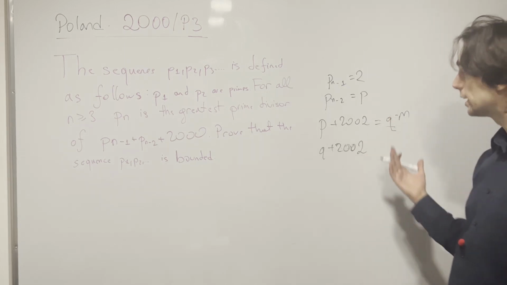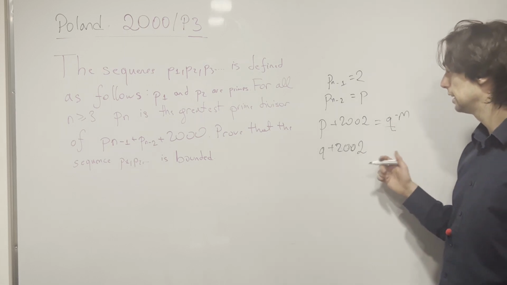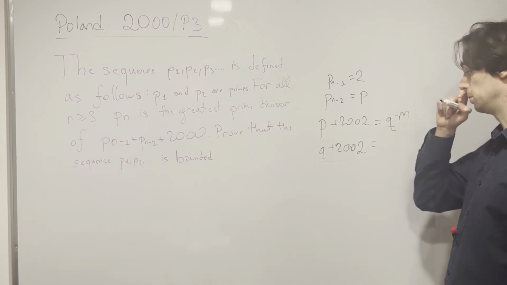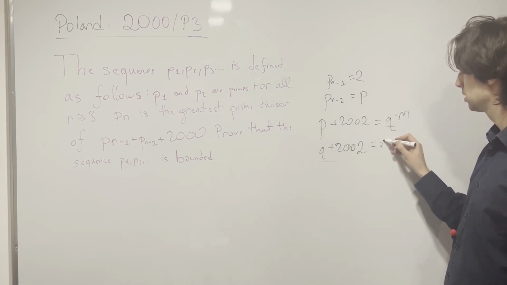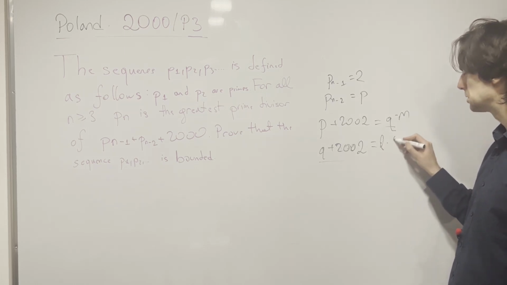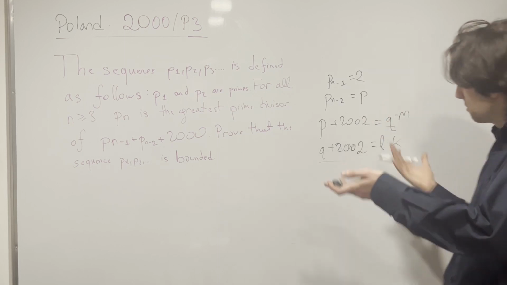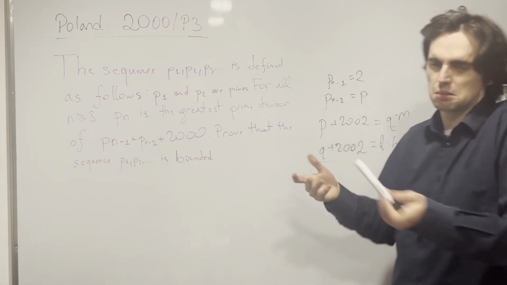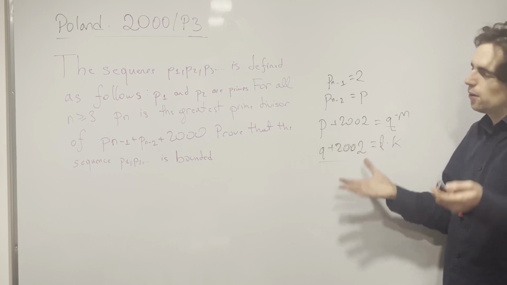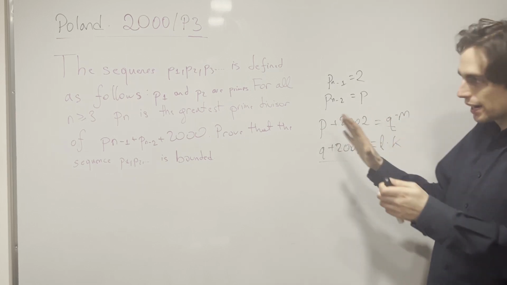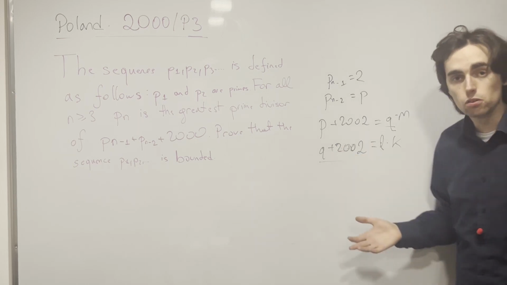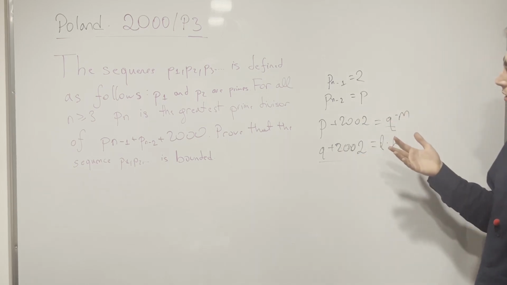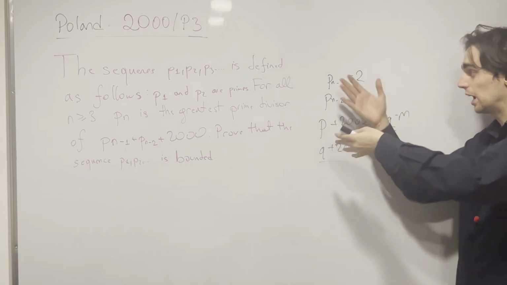And what Q gives us is another thing which is going to be odd. So we're going to have another prime number L times some K. But it seems like it doesn't matter if there's a 2 at some point. We're going to have maybe something to think about, but most of the time there isn't going to be a 2. Maybe we need to look at two consecutive ones, like how they behave.